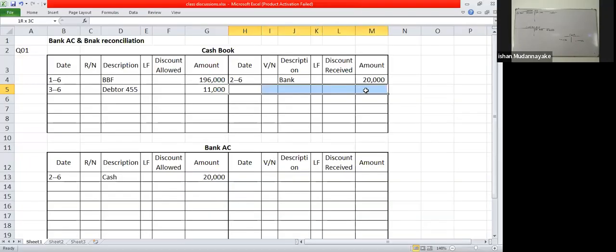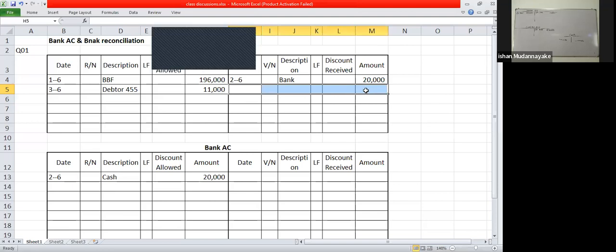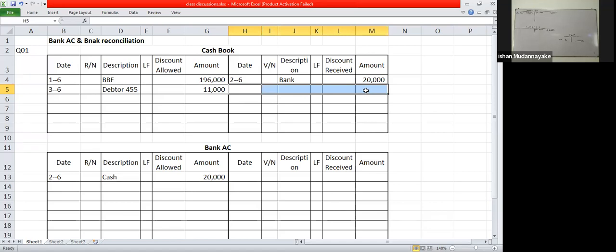Then 4th June, go to the cash book. Cash book credit 11,000. 4th June, bank, how much? 11,000.